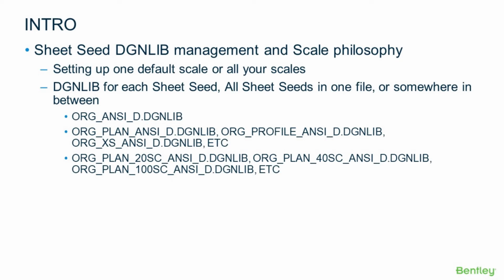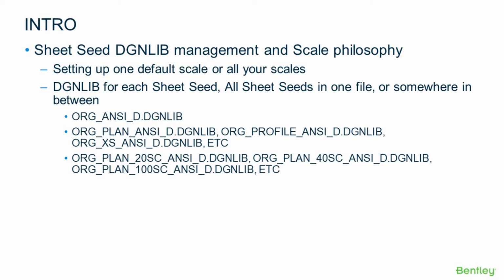And then you can go to the opposite end of the spectrum and create a DGN library for every sheet seed that you're going to set up, where you've got one sheet seed in a DGN library. The thing I don't like about that is that's a lot of DGN libraries to load.